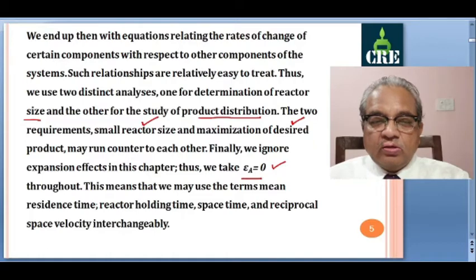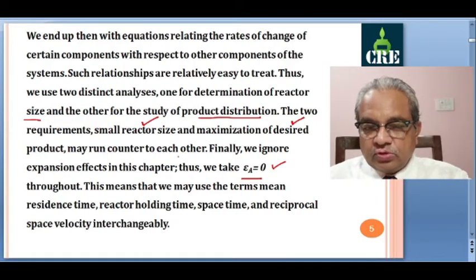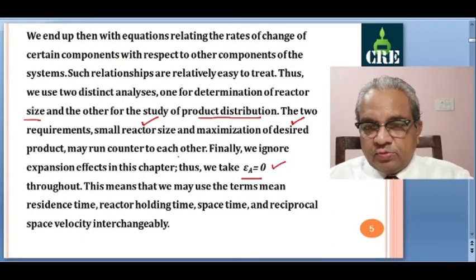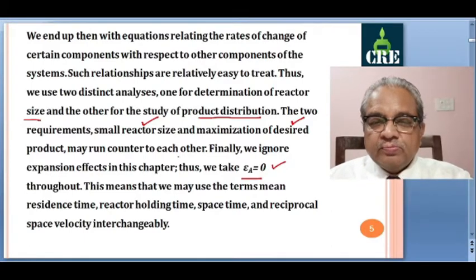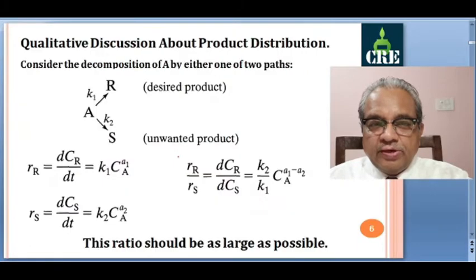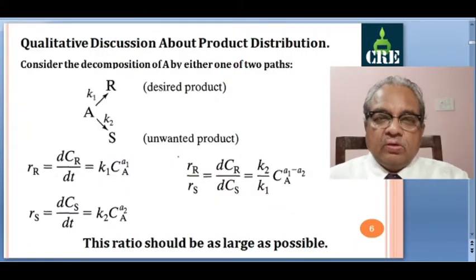For epsilon A equal to 0, residence time, mean residence time, space time, holding time, or reciprocal of space velocity is nothing but space time. So we can use these terms interchangeably as per the suitability, as per the data available. For epsilon A equal to 0, this doesn't make any difference. Our problem becomes simple.